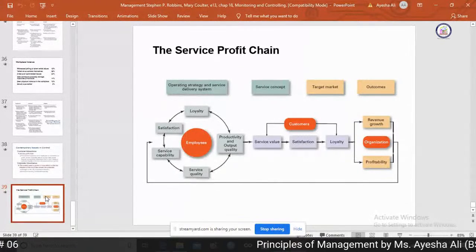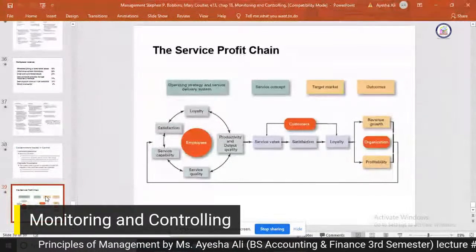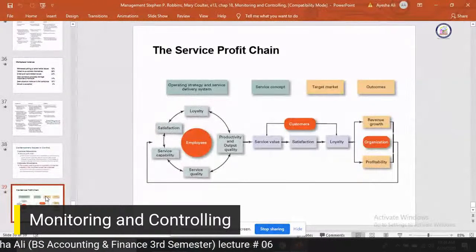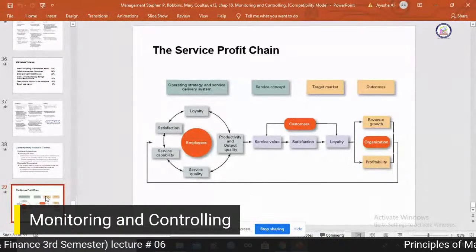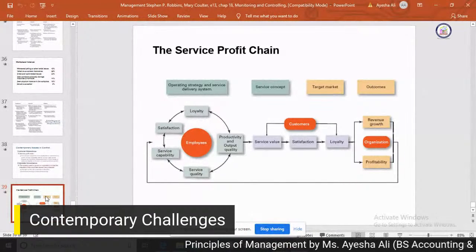The organization is dealing with the customer efficiently and effectively, and then ultimately the organization is making a profit and their revenue will grow.